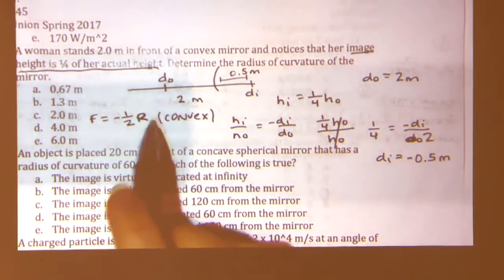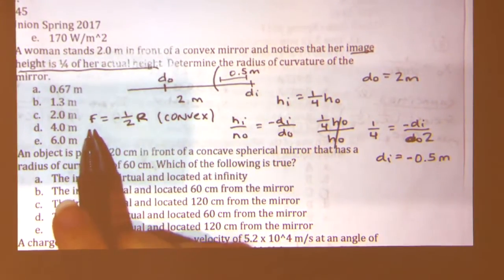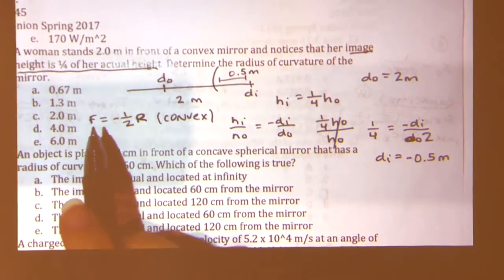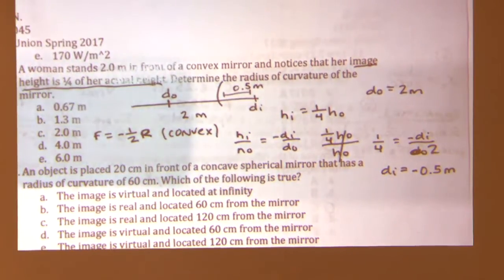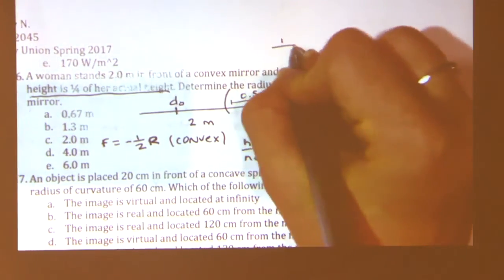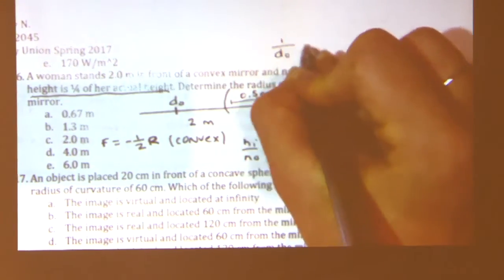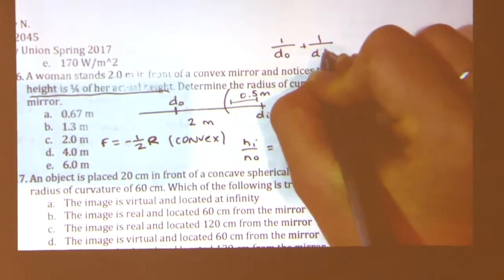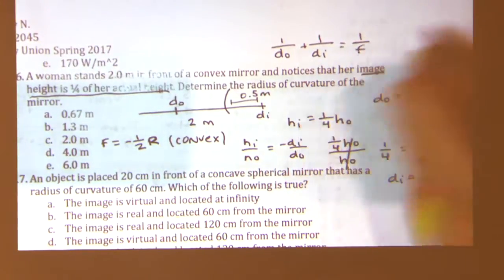So in order to find that R, we first need to find the focal length. Now that we have DI, DO, we can solve for the focal length, where we have 1 over DO plus 1 over DI is equal to 1 over F.